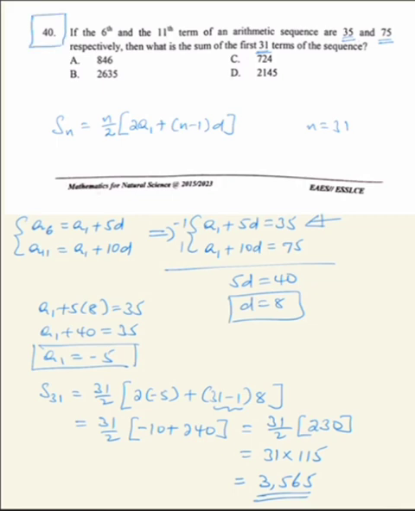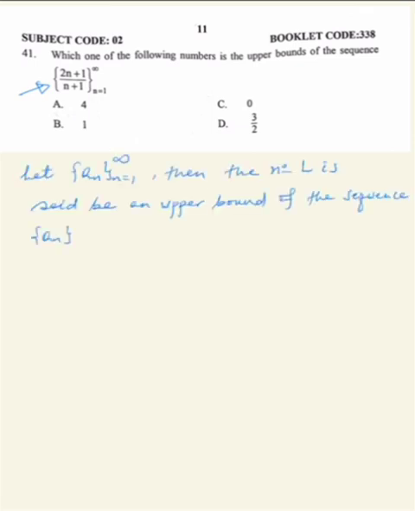hopefully bonus ይሆናል ብዬ ገምታለሁኝ Okay, number 41, which one of the following numbers is the upper bounds of the sequence given here? ለዚህ ለተሰጠው sequence upper bound የሆነው ከአለን ምርጫ ውስጥ የትኛው ነው የሚለው So the first thing, what is an upper bound የሚለውን ነገር ማወቅ ያስፈልጋል So እዚች ጋር shortly upper bound ማለት ምን ማለት እንደሆነ ላሳያችሁ So L is said to be an upper bound of the sequence AN if it satisfies this condition.